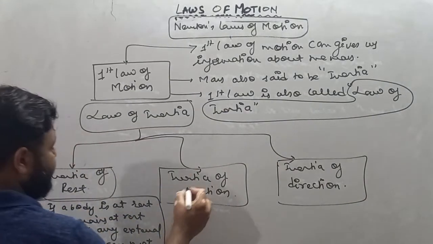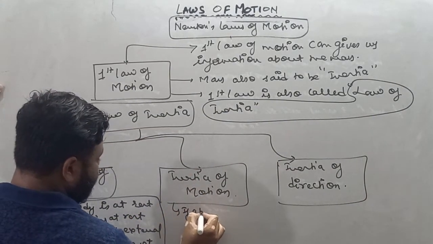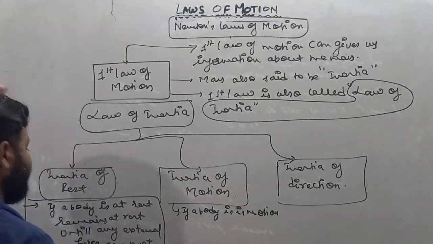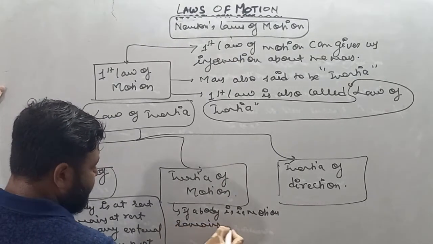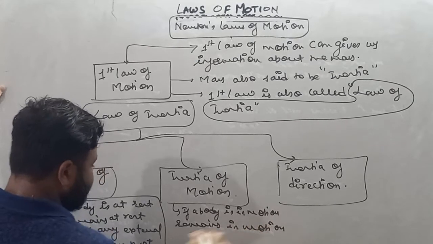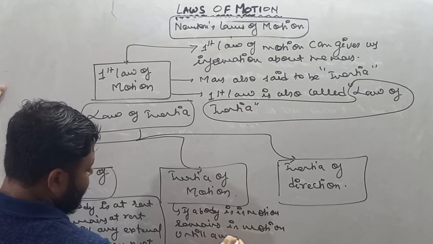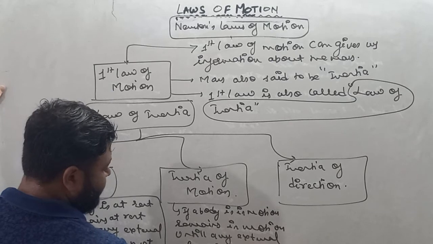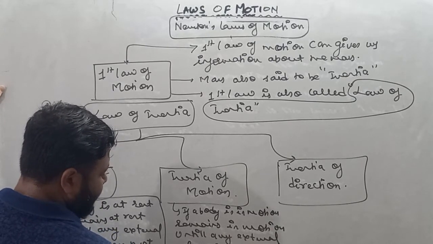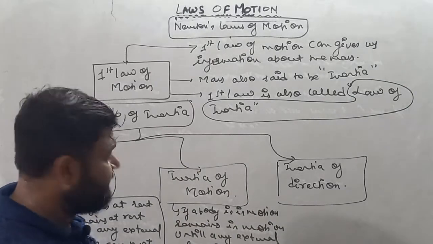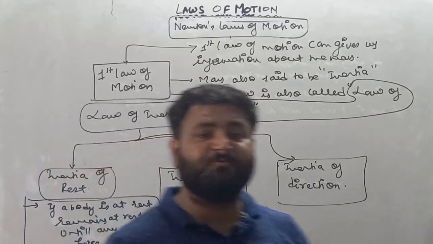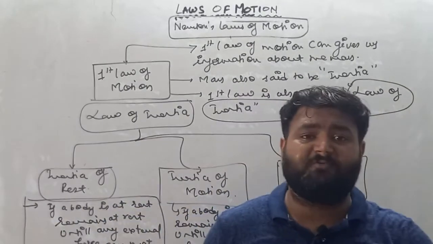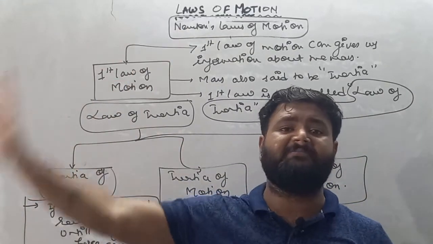Moving forward, second is inertia of motion. If a body is in motion, it remains in motion until any external force is applied on it. So if a body is in motion without any external force, it remains in motion, it cannot stop anywhere, my dear student.